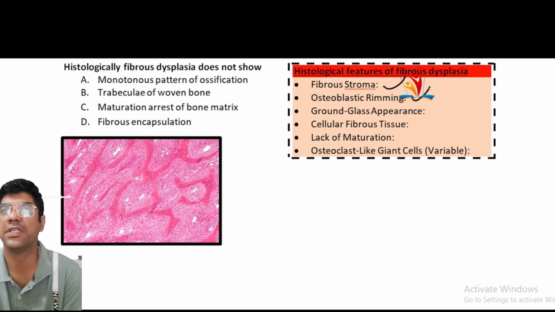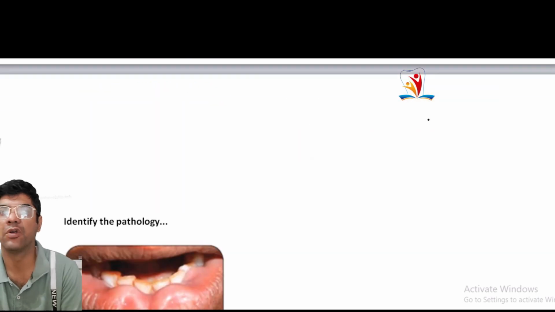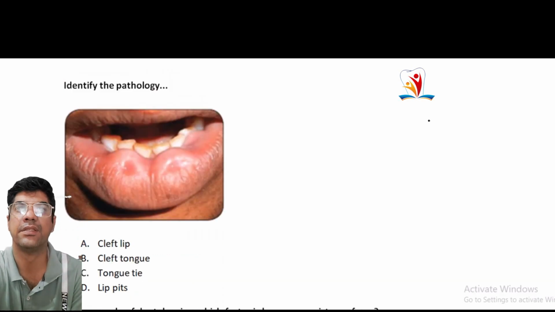So these are the histological features: fibrous stroma, osteoblastic rimming, ground glass appearance, cellular fibrous tissue, lack of maturation, and osteoclast-like giant cells.